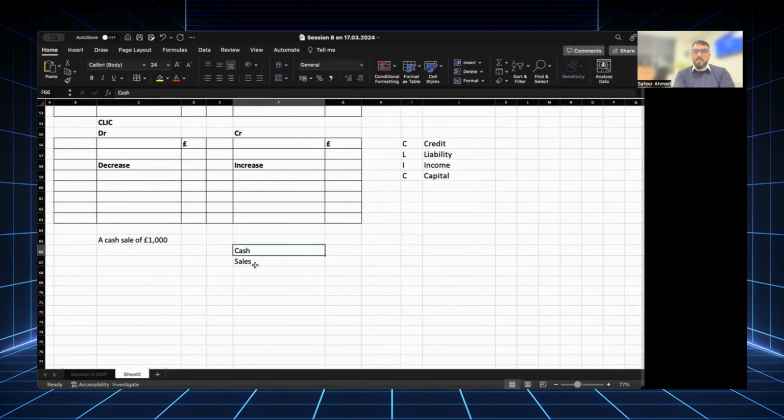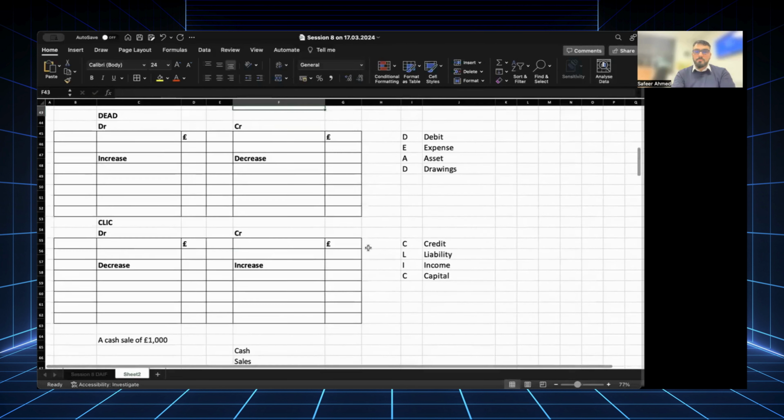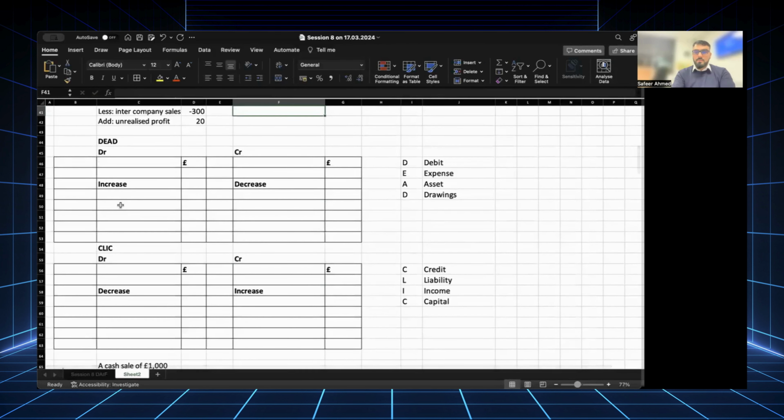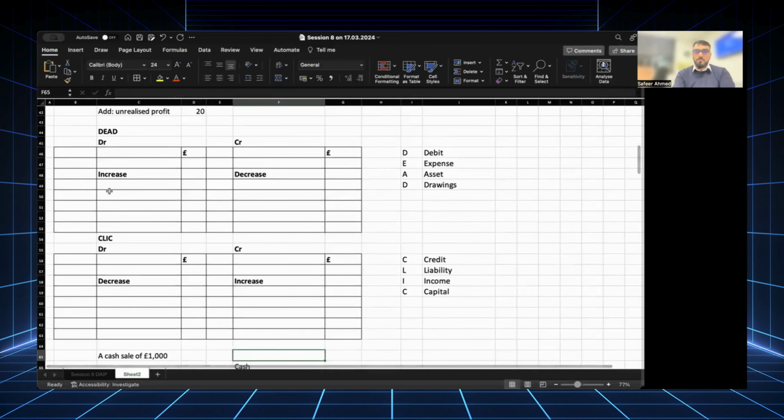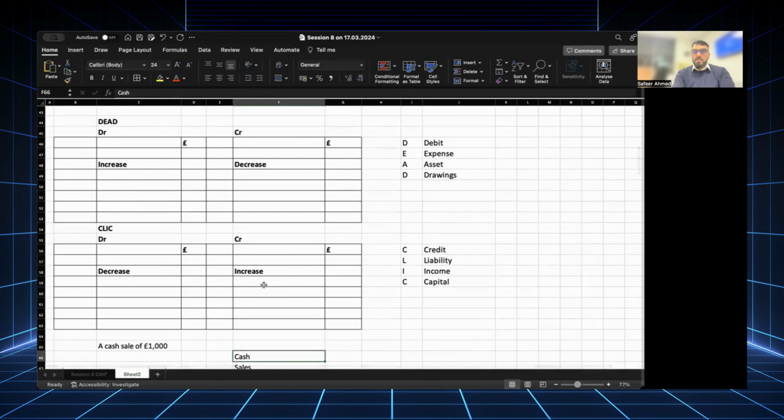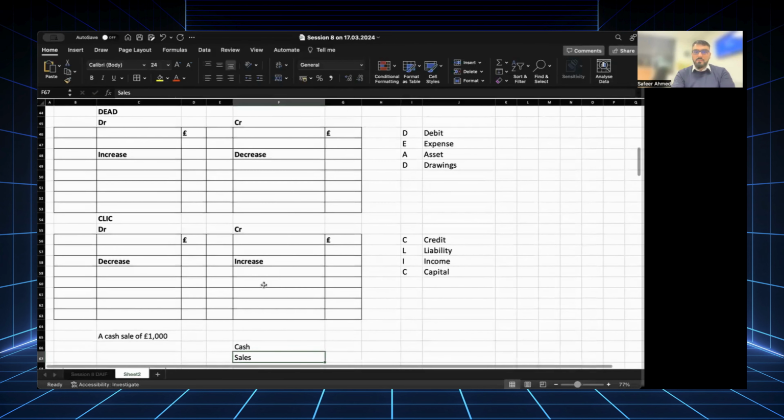So cash account is an asset account. And remember what we said here, debit, expense, asset, and drawings. So if you think about it, cash is an asset. Has it increased or decreased? If we made a cash sale, we receive the money, which means an increase in asset, an increase in cash. And remember, an increase in asset, as you can see, will be debit.